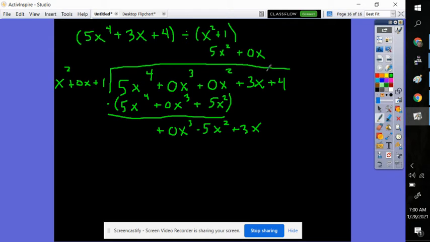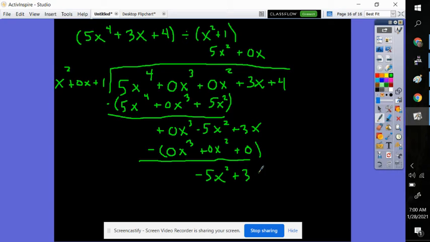The 3x comes down. The 0x gets multiplied to all three things, 0x to the third plus 0x squared, plus 0. Now, when I subtract this again, I'm not really subtracting anything, but I am bringing this down, negative 5x squared. And I am bringing this down, 3x.